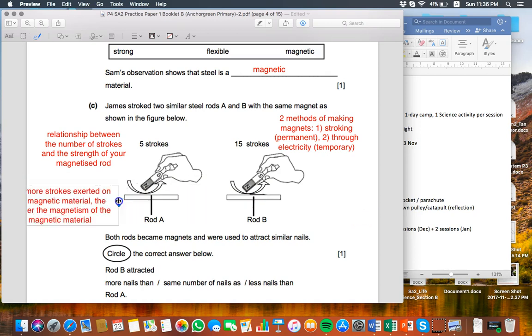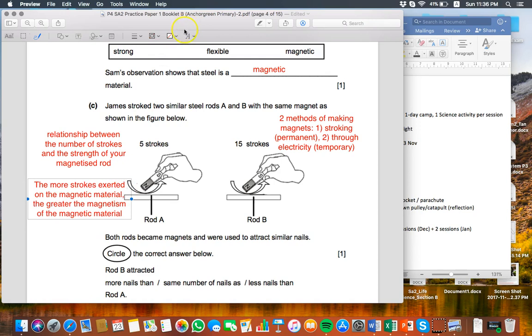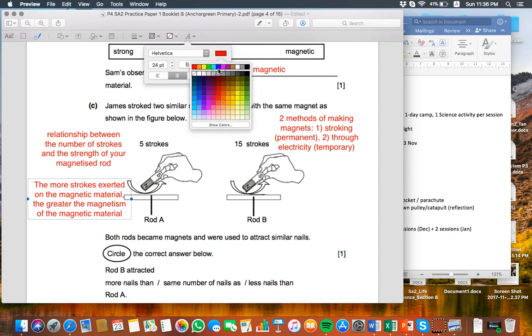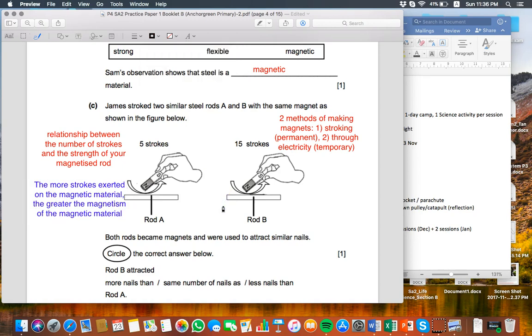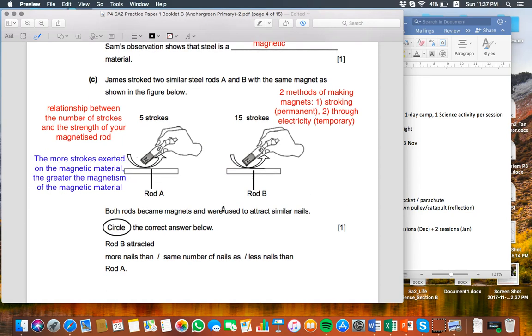Let me just adjust this. Okay, the more strokes exerted on the magnetic material, the greater the magnetism of the magnetic material.